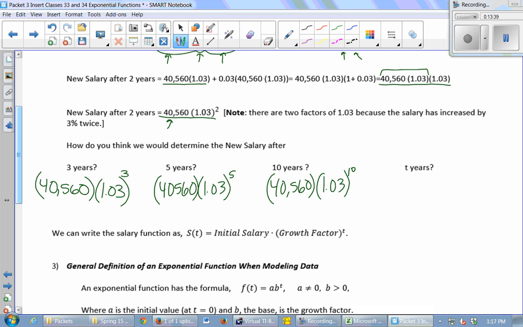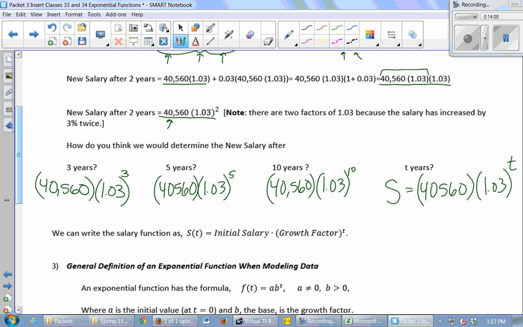So I wanted to come up with a formula for what to do after t years. It looks like all I'm doing for various numbers of years is putting the number of years in the exponent, right? So if I wanted a generic formula, my salary after t years can always be calculated by taking my initial salary, multiplying it by 1.03 t times, however many years have gone by.